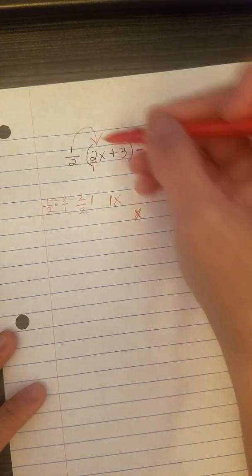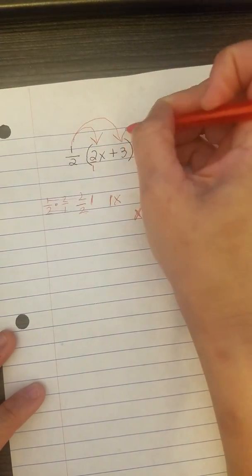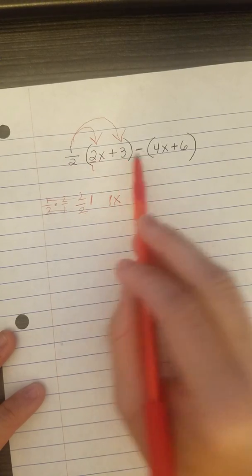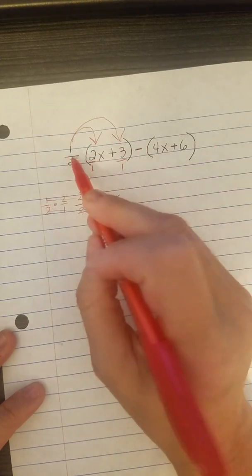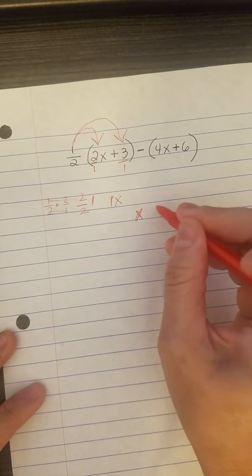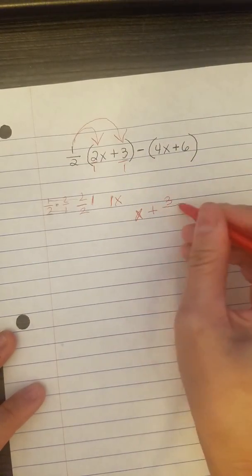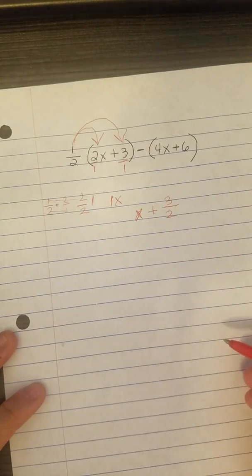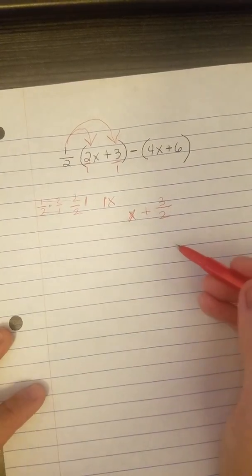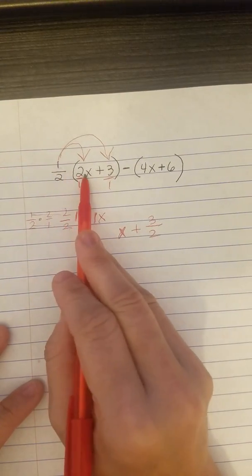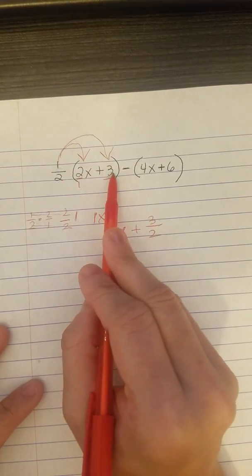Okay, now we've got to go with this. 1/2 times 3, it's like 3 over 1. 1 times 3 is 3. It's going to be positive. 2 times 1 is 2. It's 3 over 2. And yes, that is improper, and I can change it, but I'm not going to right now. Okay, so hopefully you saw that. So it's 1/2 times 2x and 1/2 times 3.